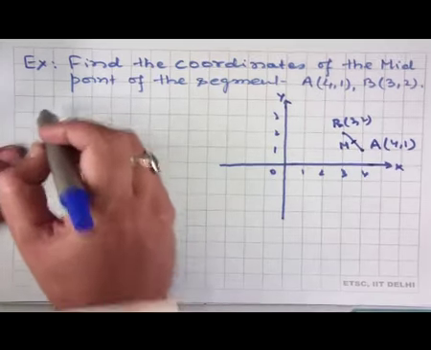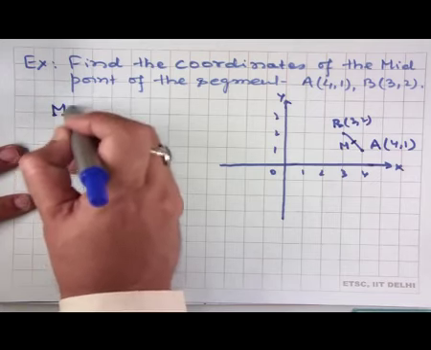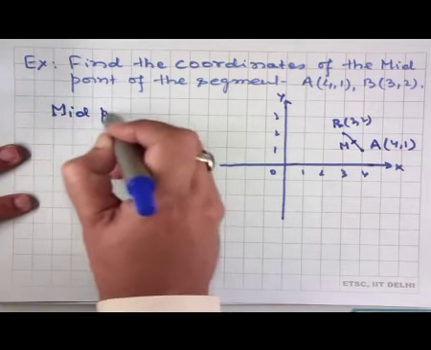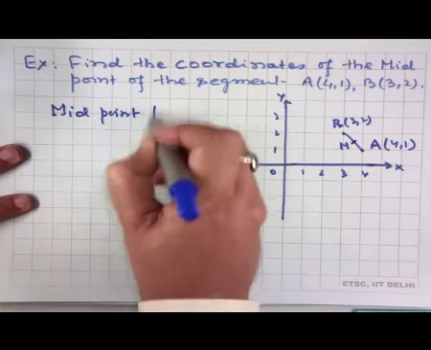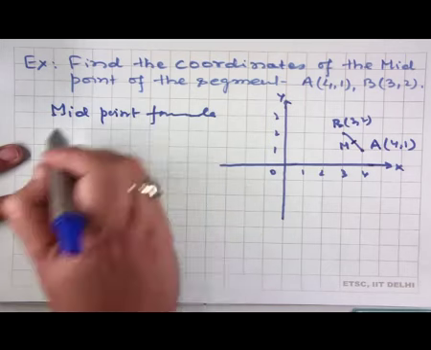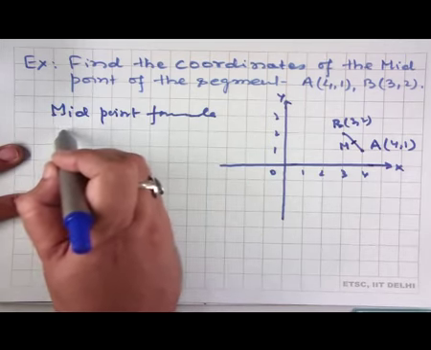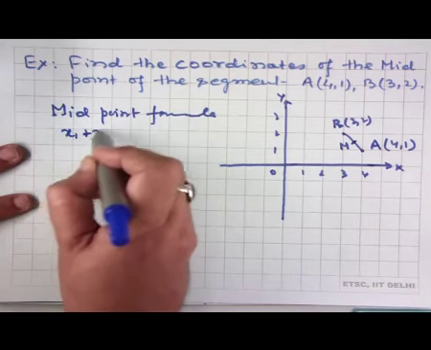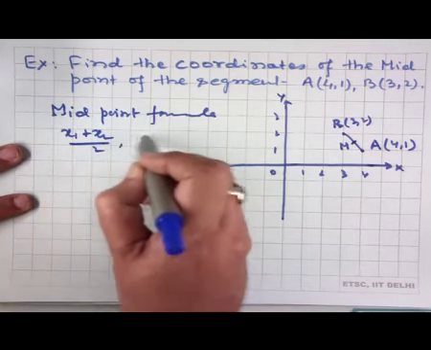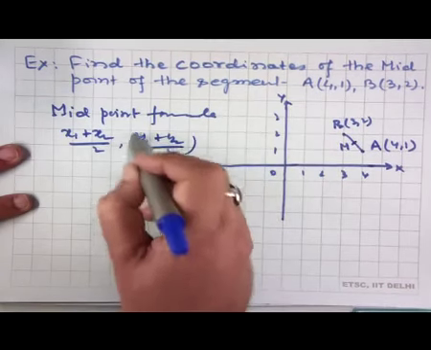So the midpoint formula says (x1 plus x2) by 2 and (y1 plus y2) by 2.